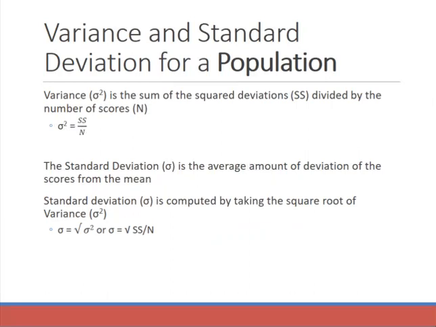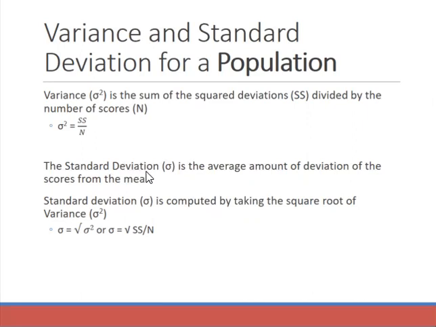Now, we don't really care about things in terms of squared units. We want to know this in a meaningful unit. Remember, the ultimate goal here is to find the average distance from the mean. So we want it in the same metric or the same units as the original scale. To get back to the original units, we're going to take the square root of the variance.